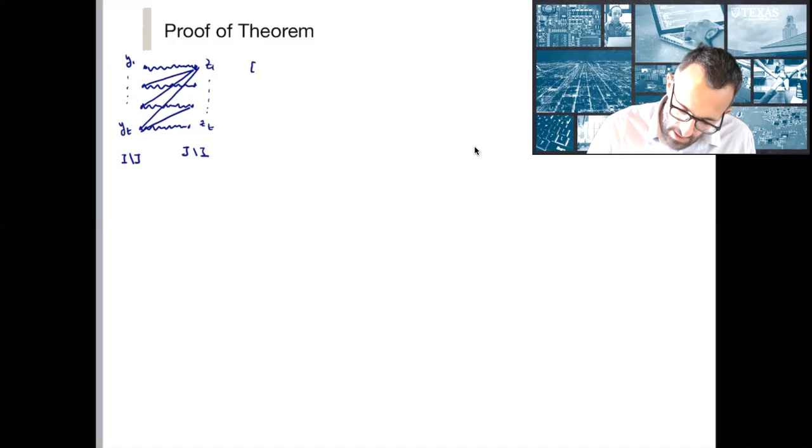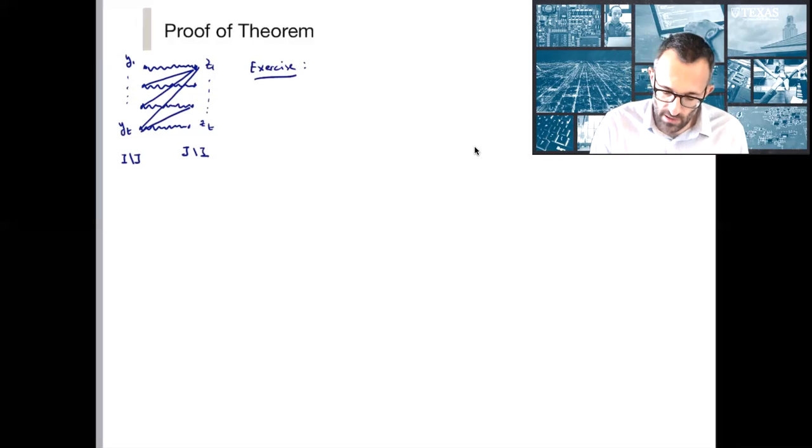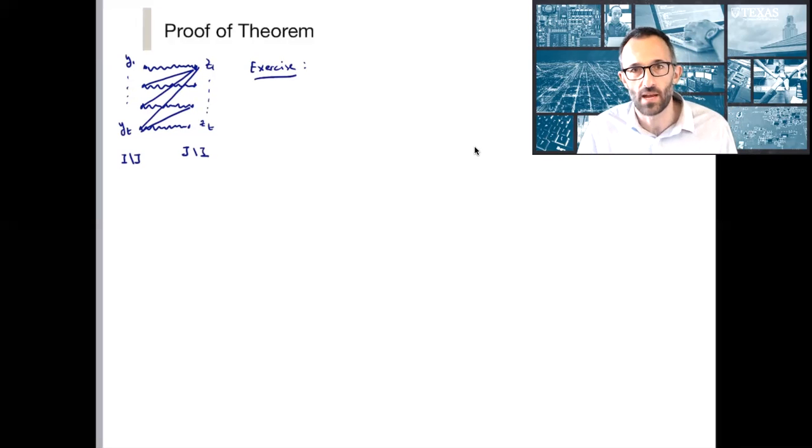So here's an exercise that essentially says that by renumbering the pairs that are matched in N, the squiggly lines here denote the perfect matching N that's guaranteed by the assumption of what we're trying to prove.